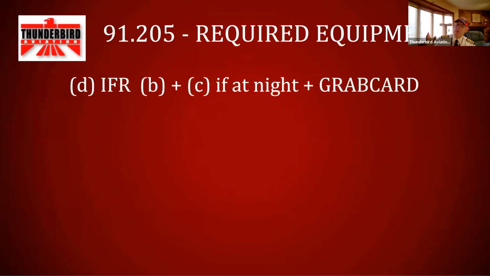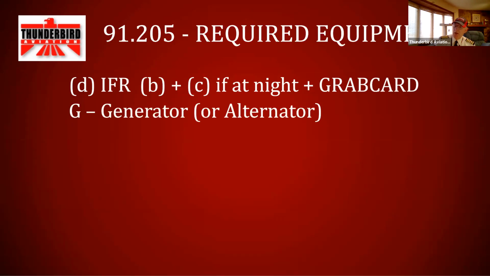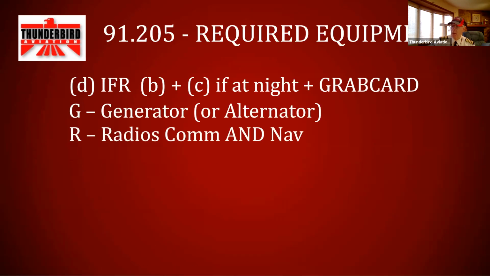So now, if you're flying IFR, then you need everything for VFR day, and if you're flying IFR at night, you need everything for VFR at night, plus what I use is the word grab card. This is the IFR stuff. The G in grab card is for generator, or like most airplanes nowadays, an alternator.